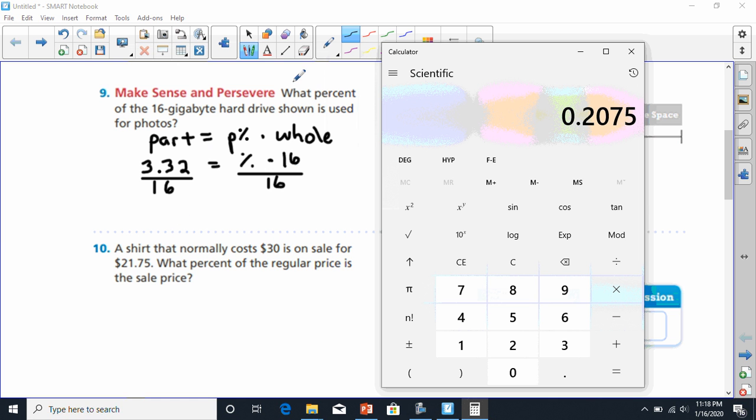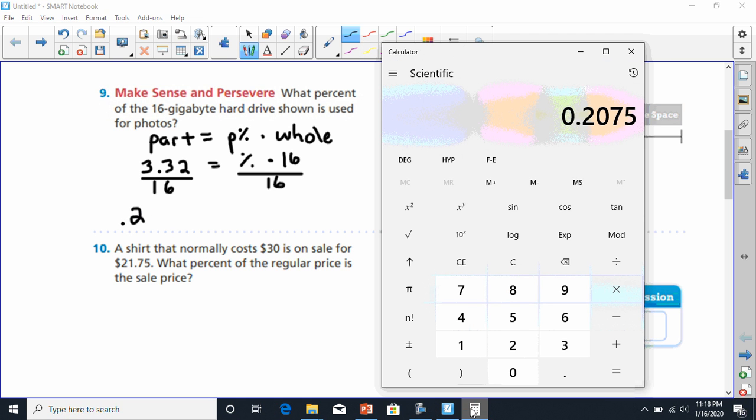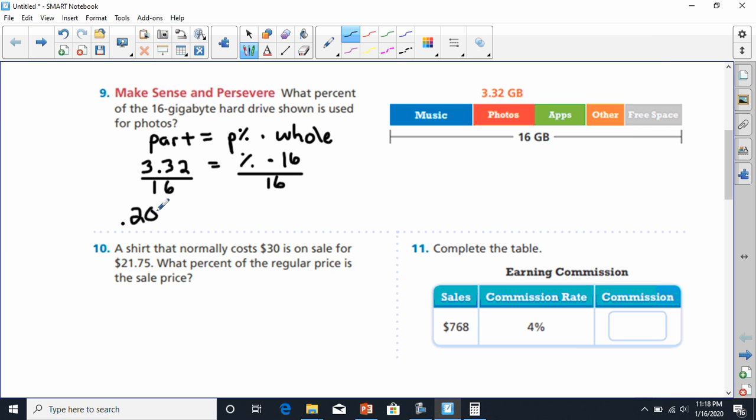Let's see, it says what percent? 0.2075. Okay, now we have to figure out the percent when I move my decimal over 2 spots.